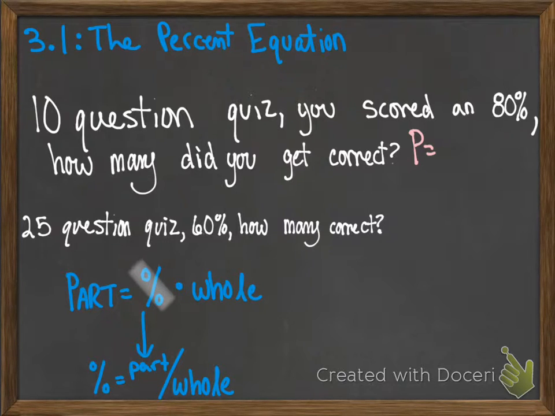So P equals, and now I've got to think about percentage, because if I plug in 80%, I'm going to get the wrong amount. We have to change percent into a decimal so we can use that decimal in our calculators. I know 80% is 0.8 because it's 0.8 out of 1. But let's say you didn't know that: 80% is 80 over 100, and if you did 80 divided by 100 in your calculator, you'd get 0.8.